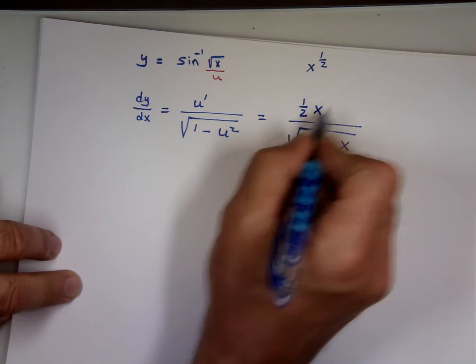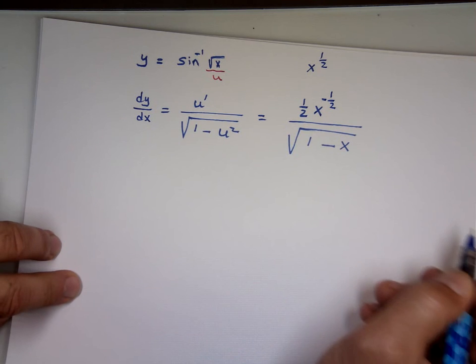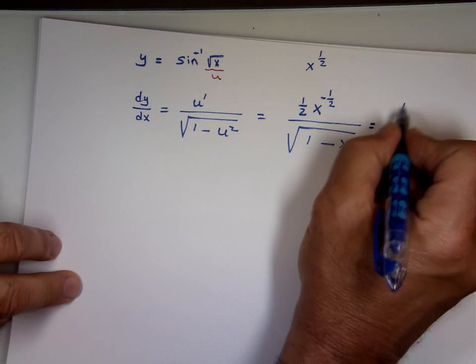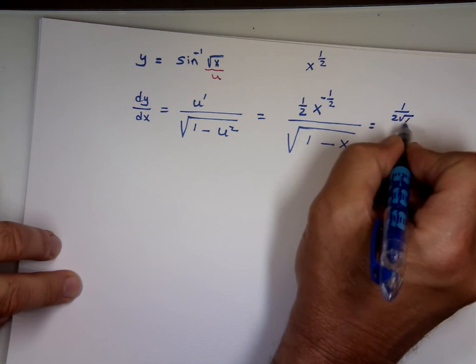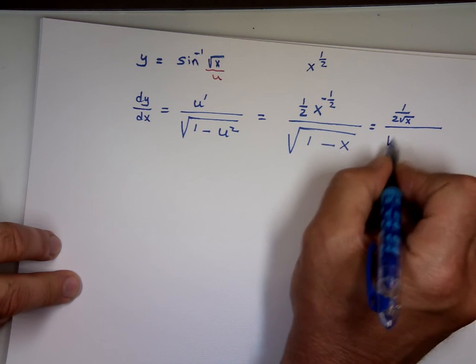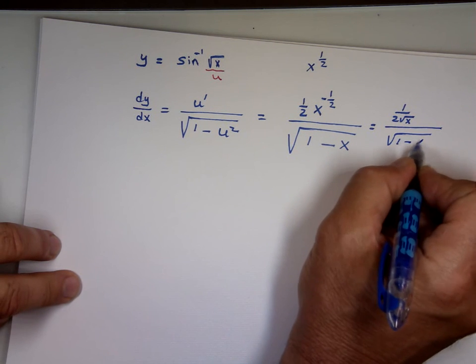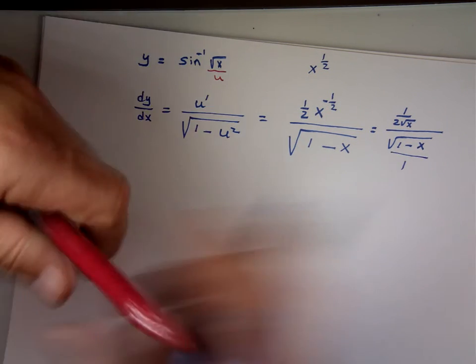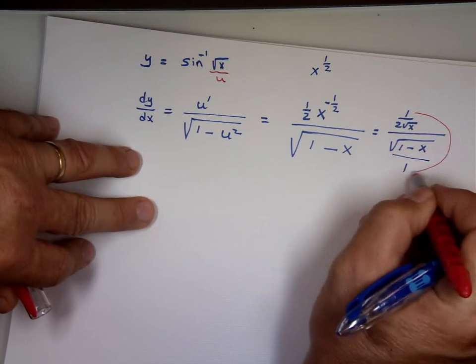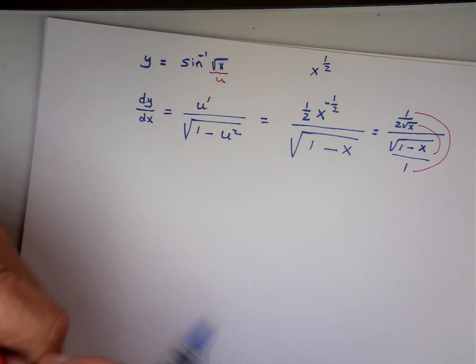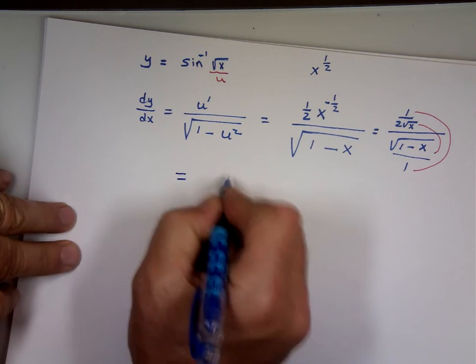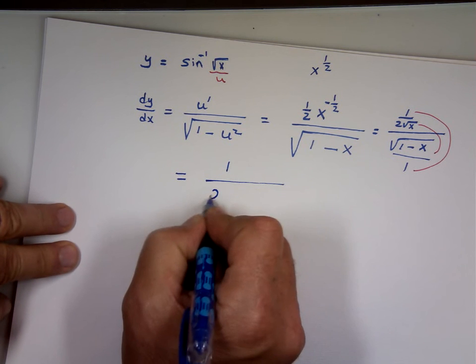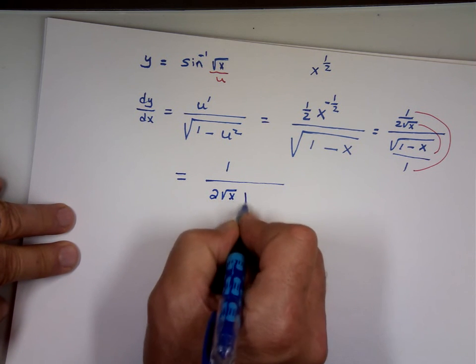Negative 1/2, which is 1 over 2 the square root of x, over 1. If you want to simplify that, outside over the inside. So when you simplify it, 1 times 1 is 1. 2 the square root of x times the square root of 1 minus x.